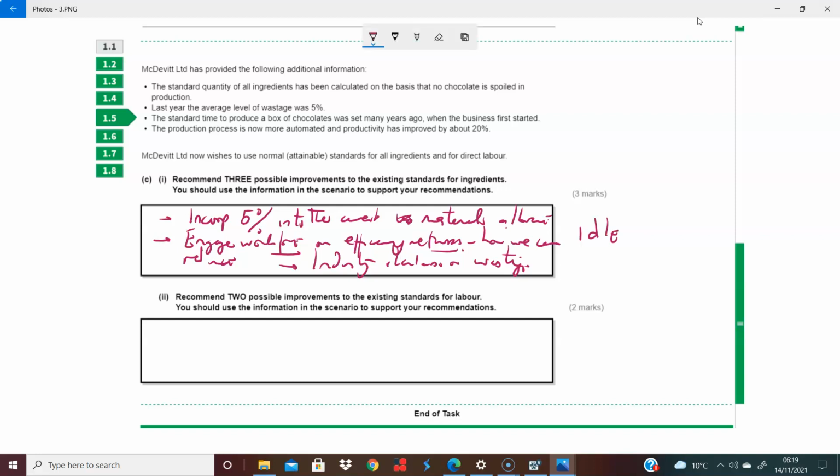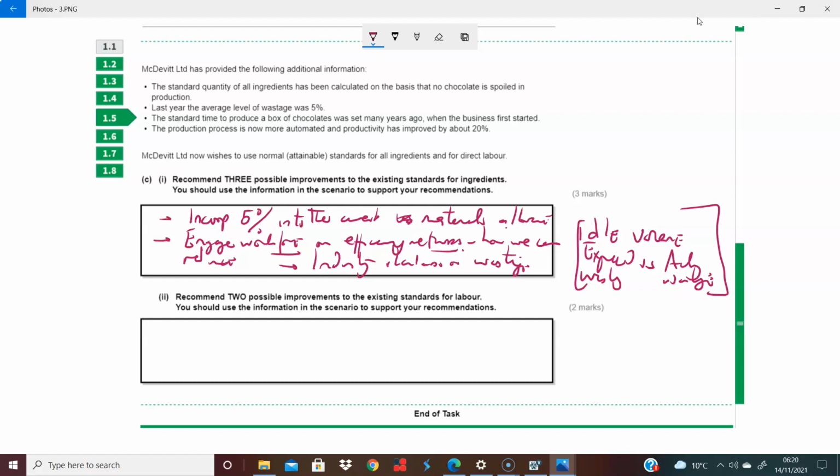And I don't know if it's in our syllabus, but you want to actually have an idle or a wastage variance. What does that mean? We have expected wastage versus actual wastage. So this is an actual point. You want to create a variance of expected wastage versus actual wastage, which means that, hey, what if they're actually doing well?